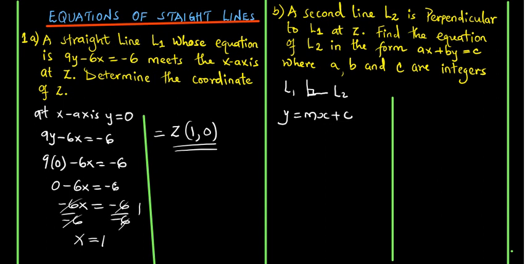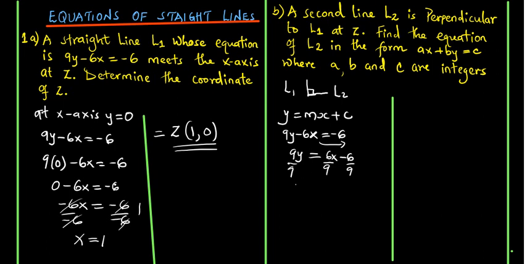The equation of L1 was 9y minus 6x equals -6. 9y will be equal to, we take -6 to the other side of the equation, it will be +6x minus 6. Divide every number by 9.